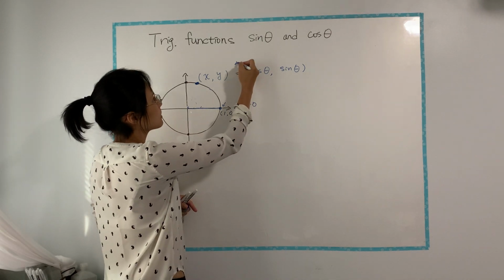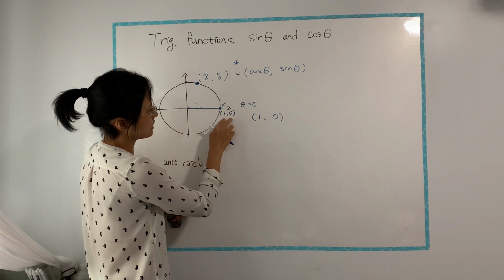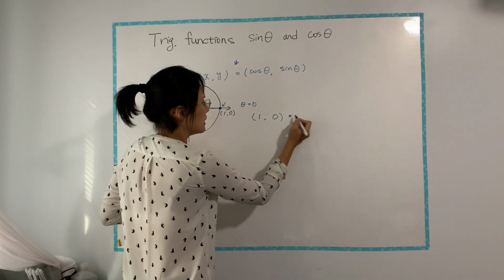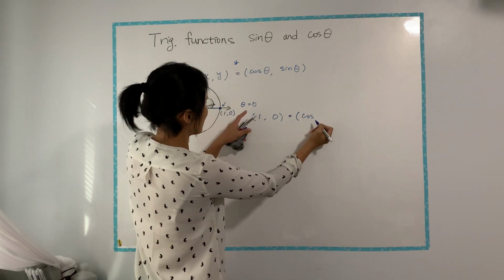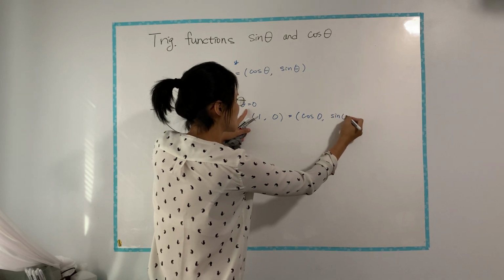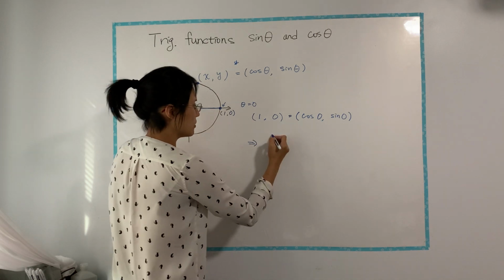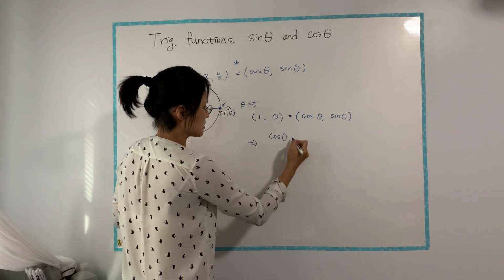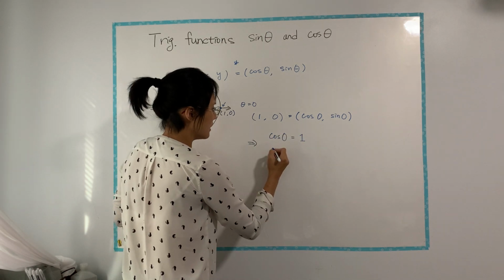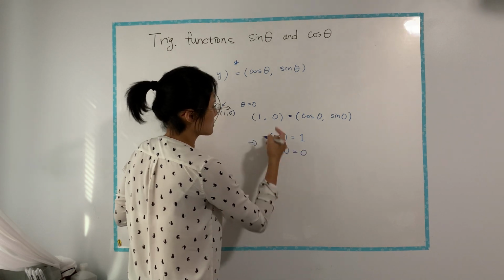And according to the formula here, the coordinates of this point, 1, 0, the x coordinate and the y coordinate, equal cosine theta, but what is theta? 0, and the y coordinate is sine 0. So what do we know from here? We know therefore cosine of 0 is equal to 1 because that's the x coordinate, and the y coordinate is sine of 0, and that is equal to 0.